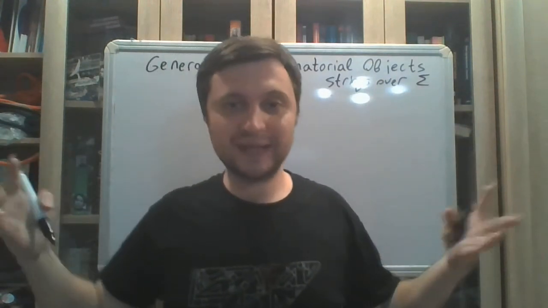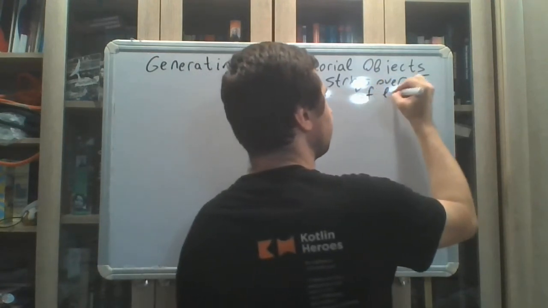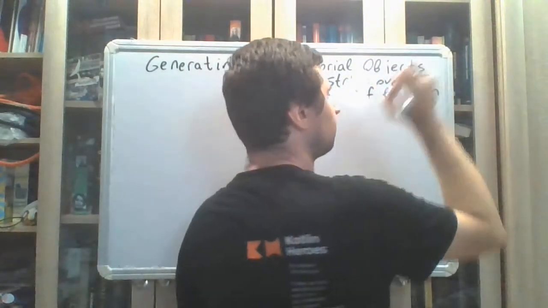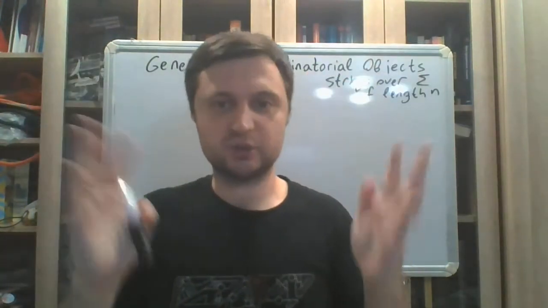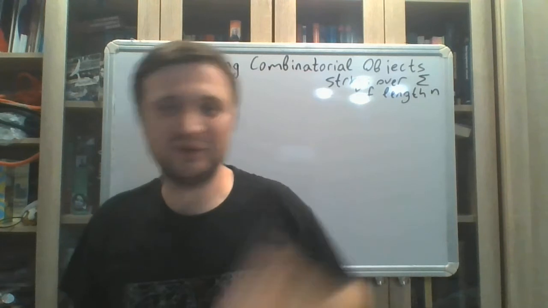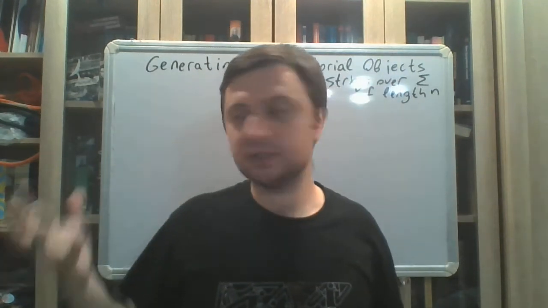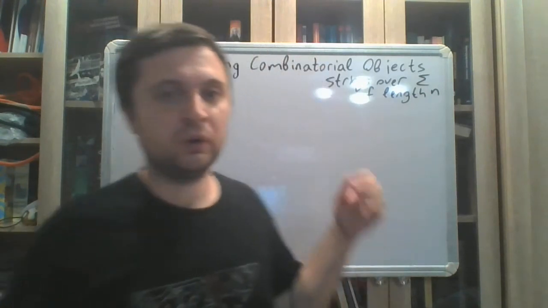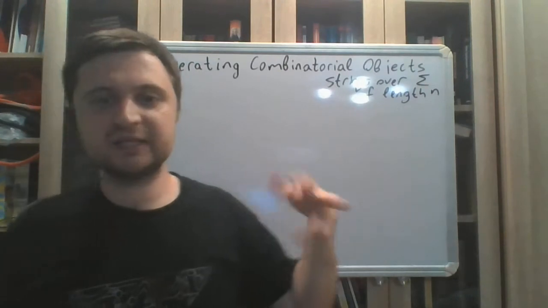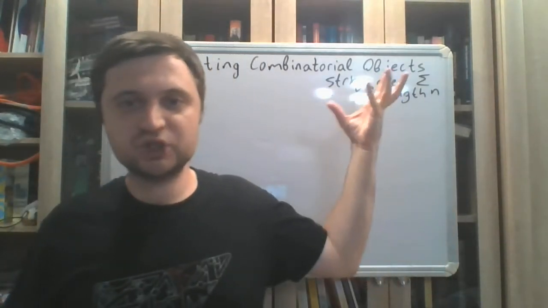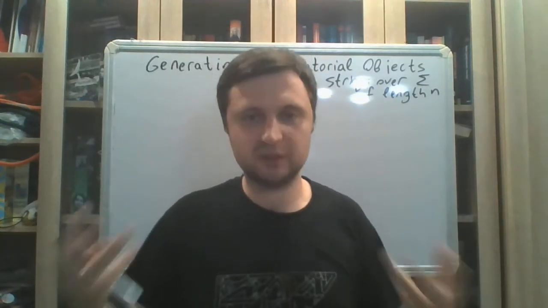So let's generate all the strings of length n, if we are allowed only such and such letters or digits, it's really not important, or like emoji, any characters you want. And it's usually free or cheap to also add the condition that the objects are generated in alphabetical order, or in lexicographical order.